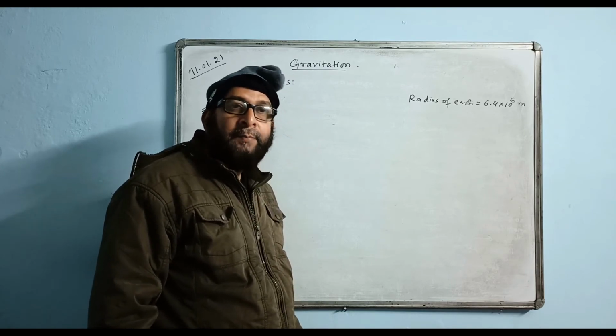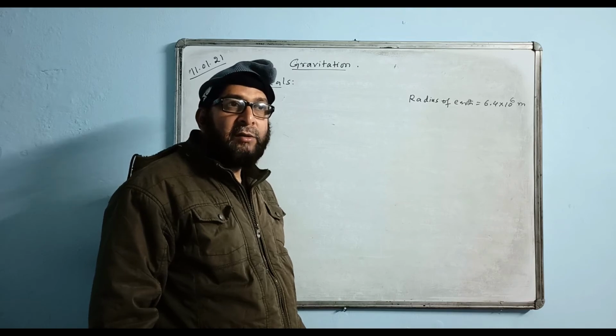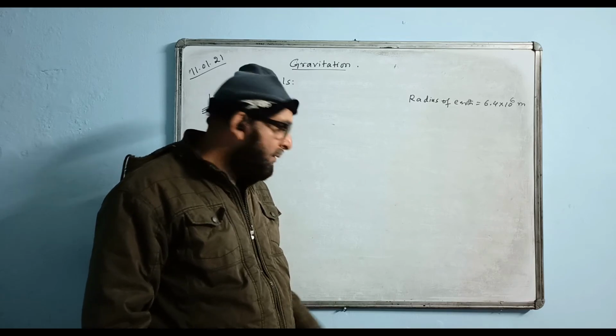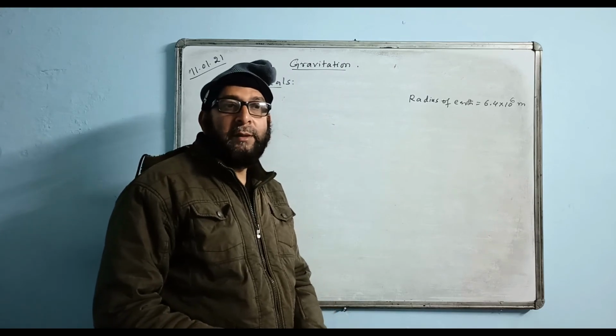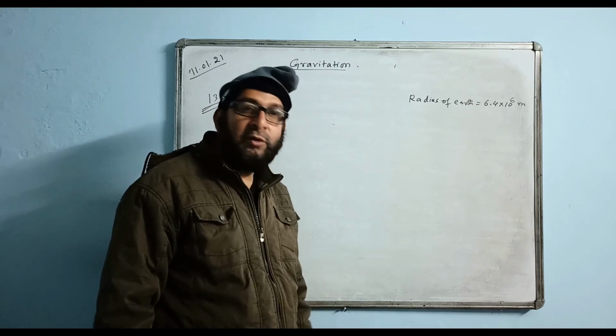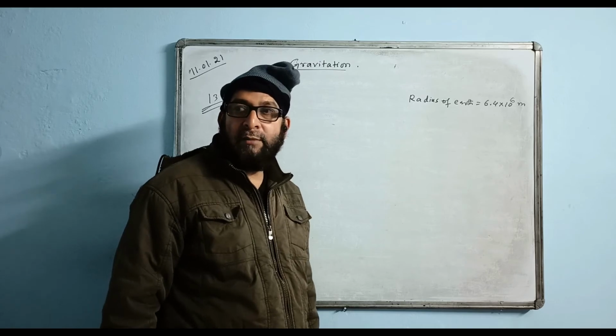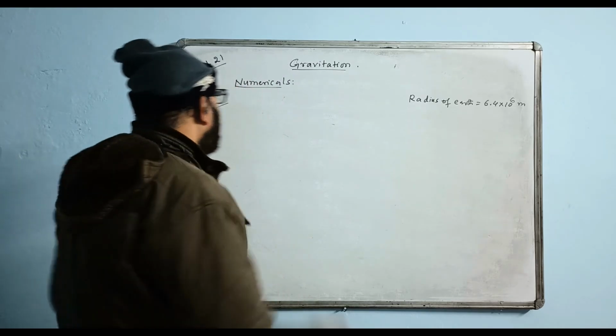Radius of the earth is given 6400 kilometer and small g value is given 9.8 meter per second square.